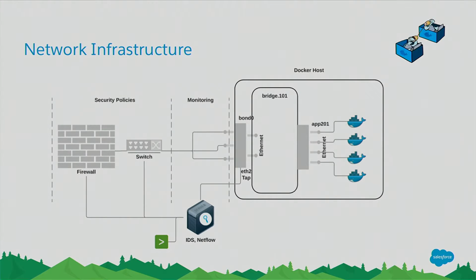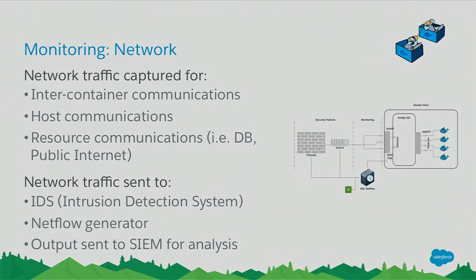Also monitor the intercontainer traffic by piping the traffic from the host over to our monitoring resources, which are generating IDS alerts, net flows, and other types of alerts, and pipe it into our log monitoring solution. And then we are able to generate dashboarding alerts and other artifacts that make it easy for our security guys to detect and respond.